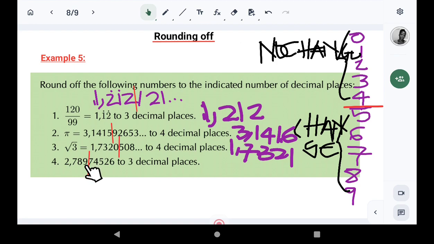So that becomes 0. But then the 1 carries on to the next number. So the next number, which is 8, will also increase by 1 to 9. So the answer is 2.799. That's how you round off.